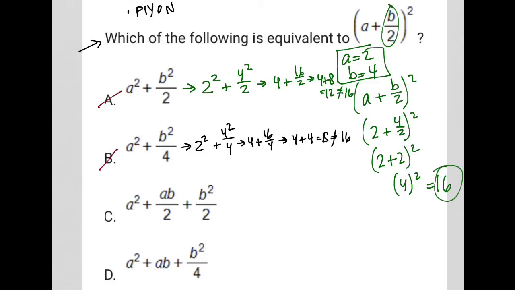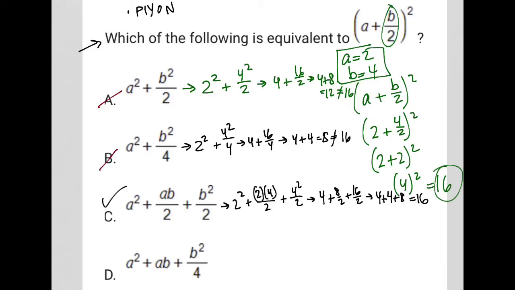Choice C would become 2 squared plus 2 times 4 over 2 plus 4 squared over 2. And this would become 4 plus 8 over 2 plus 16 over 2, which is 4 plus 4 plus 8, which is equal to 16 actually. So that means this one does work.